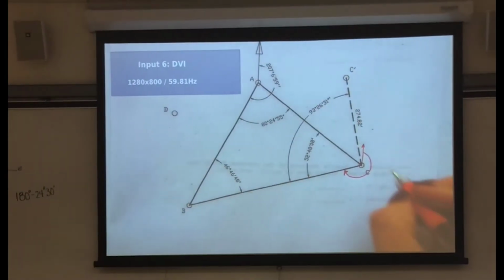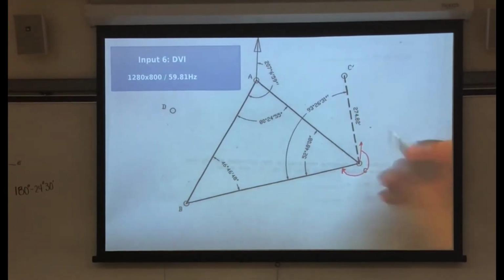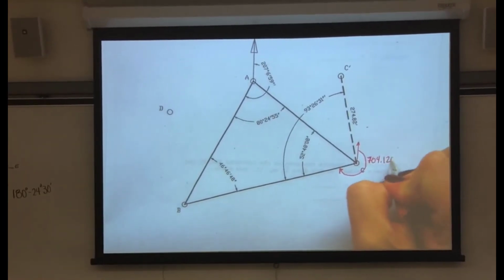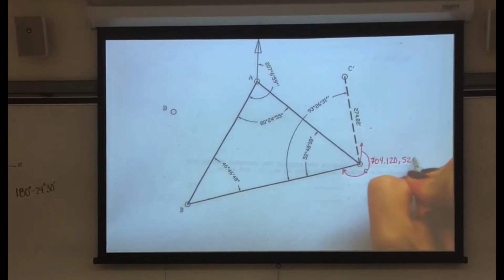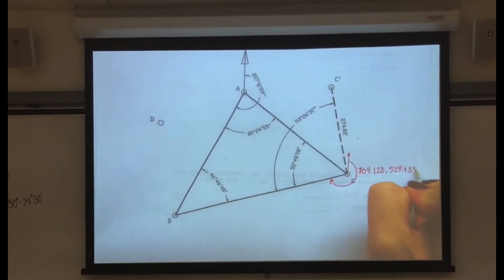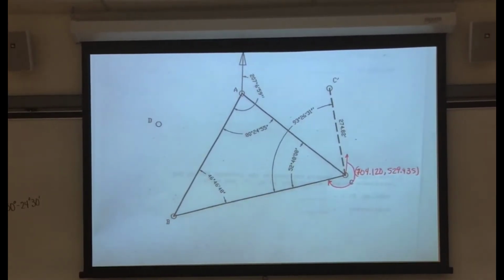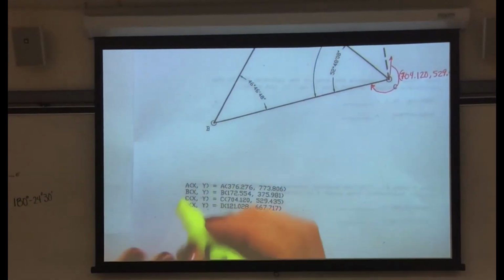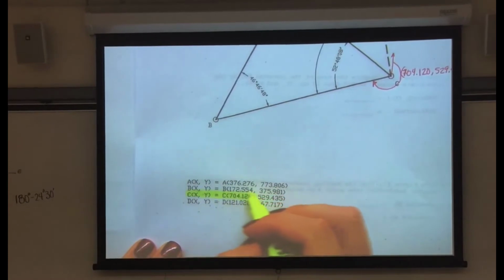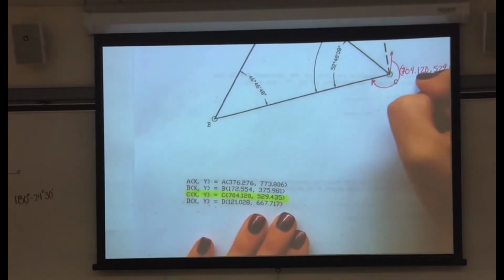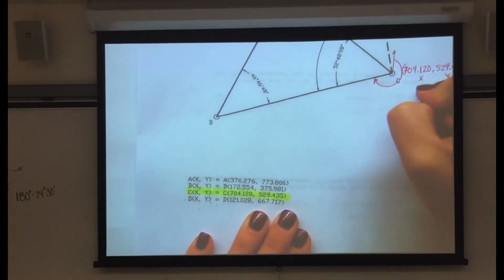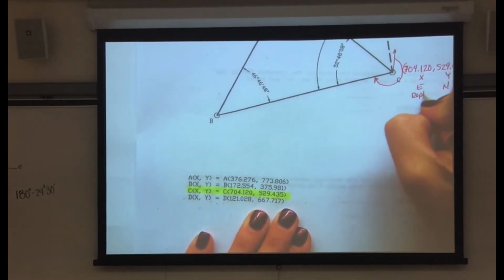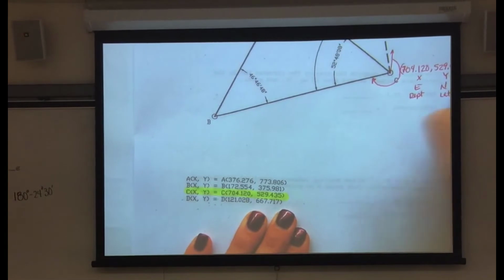The first thing I know is my coordinate here is 704.12, comma 529.435. That's my coordinate at that point, and that came from the sheet down here. This is x, this is y, this is easting, this is northing. Remember, easting is for departure, and northing is for latitude.